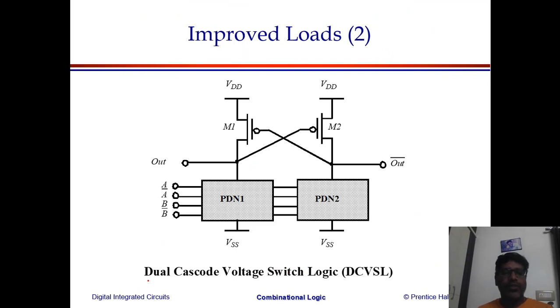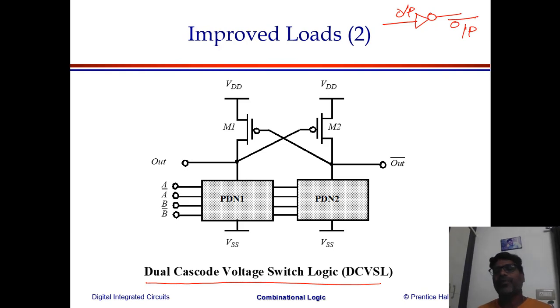Okay. The next comes DCVSL logic, that is dual cascode voltage switch logic. What is this, or what is the purpose of this? Basically, there are some circuits where you require both the signal and its complement to be available at the same time. But what generally people do is get the output, pass it through an inverter, and take the output complement.